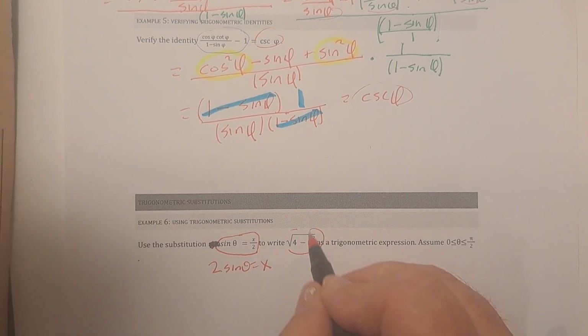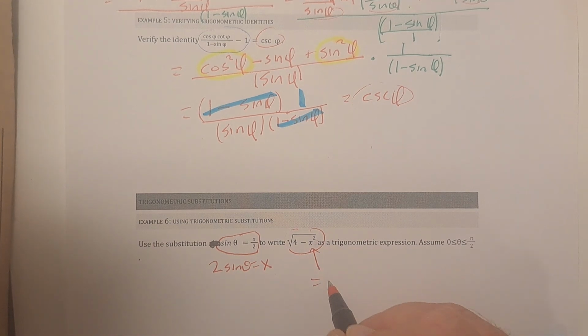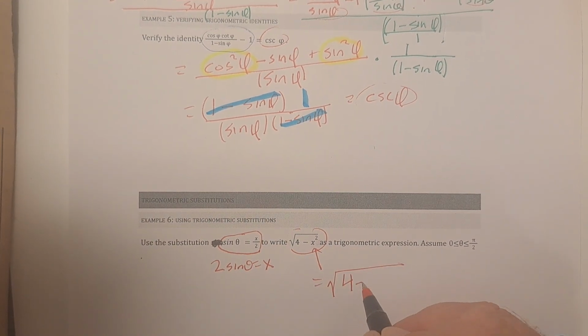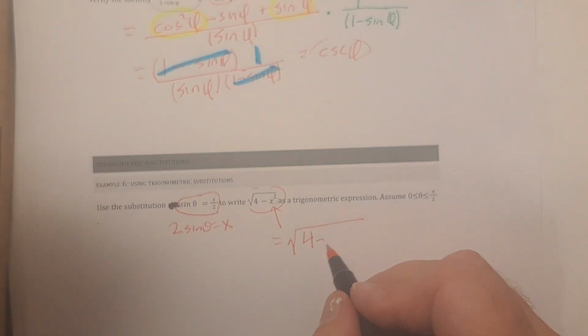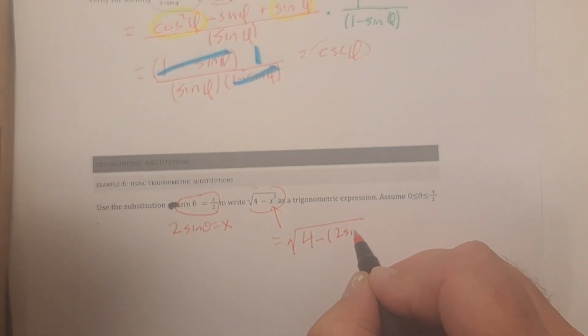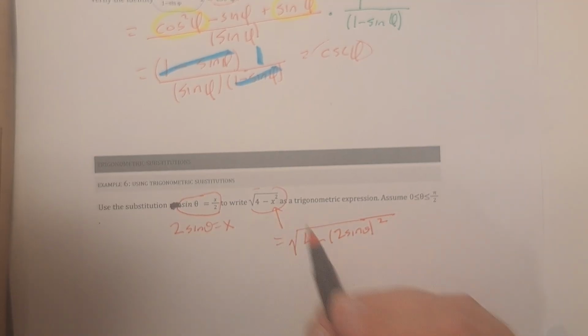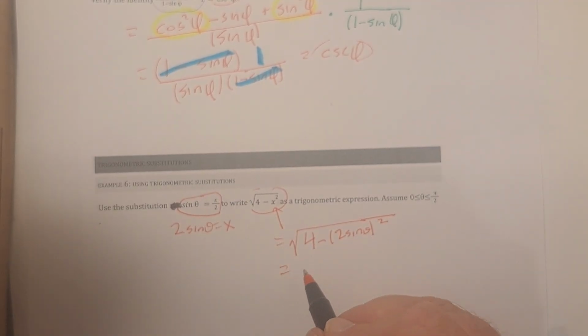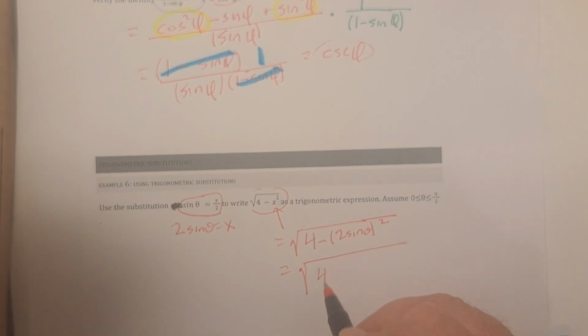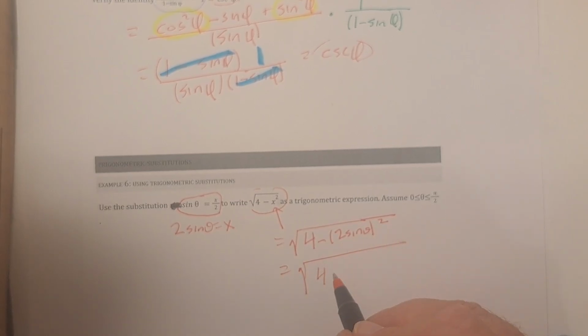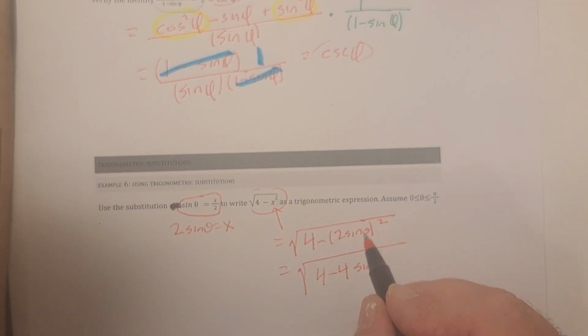Okay, so if you put that in there for the x, you'll get that this is equal to 4 minus x squared, which would actually be 2 sine of theta quantity squared, because I'm putting that in for the x. And then I can distribute the power on the 2 to the 2. 2 squared is 4, and then I still have sine times sine, or sine squared.